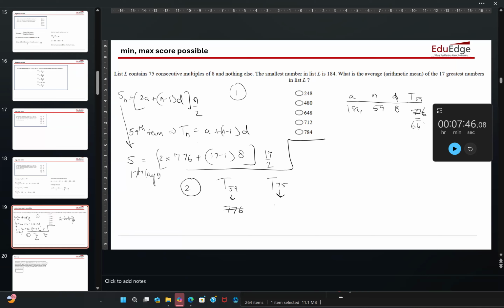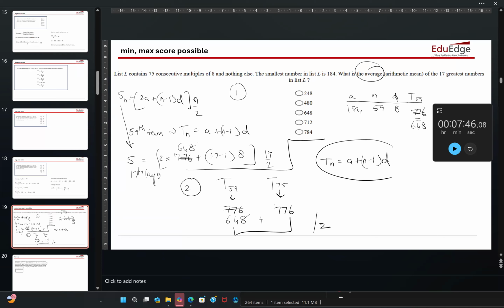Sorry, my bad. This is 648 and T75 is 776. So the average is always the average of the endpoints divided by 2. That's the answer. So that's the second way. I use this formula: I found T59, T75, and the average of the two.